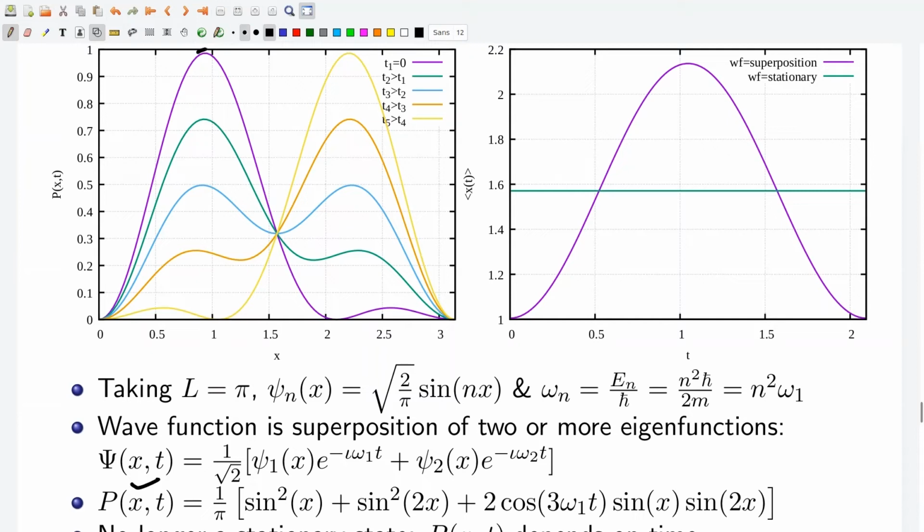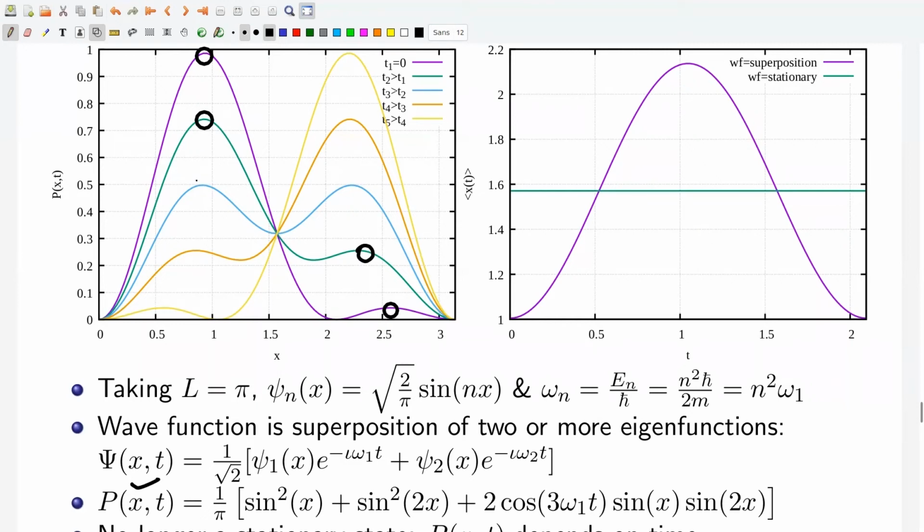So at time t equal to 0, the probability of finding the particle is very high in the left hand side of the box, whereas it is very low in the right hand side of the box. As time progresses, the probability of finding the particle in the left hand side of the box decreases, and the probability of finding the particle in the right hand side of the box increases.